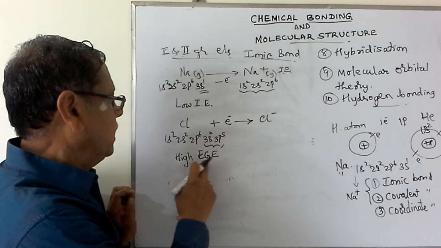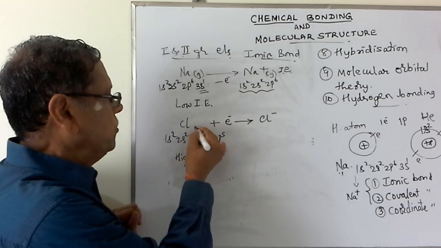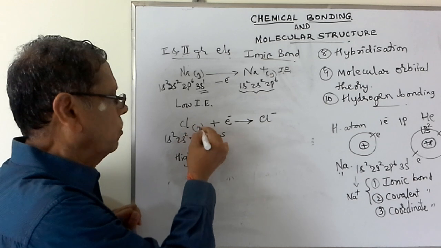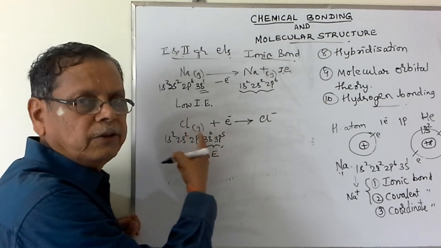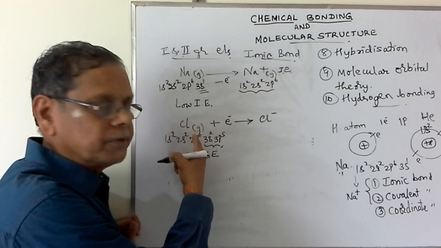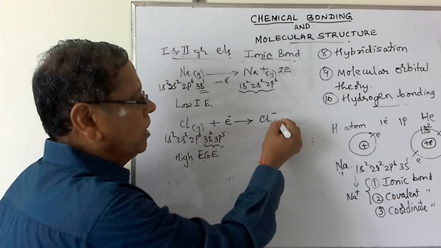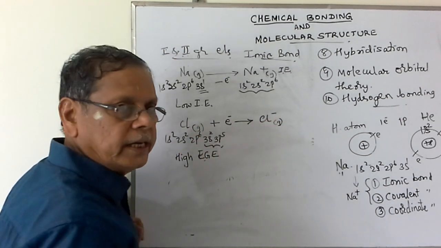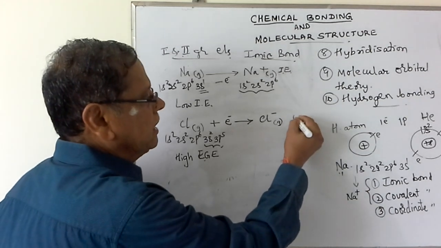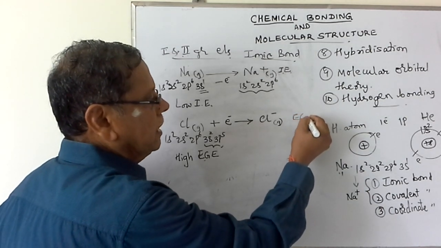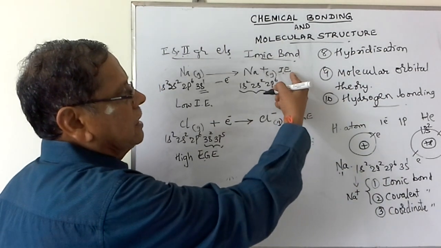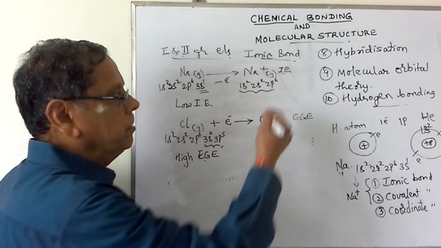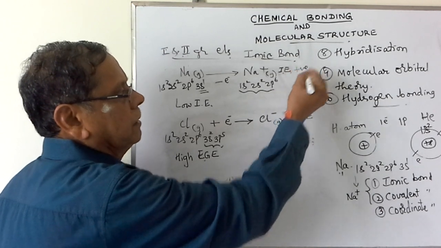In the case of electron gain enthalpy, consider 1 mole of gaseous chlorine atoms in the isolated gaseous state, giving rise to 1 mole of chloride ions in the gaseous state. Whatever energy is released is called the electron gain enthalpy. Ionization energy, since it is energy absorbed, is always a positive quantity.